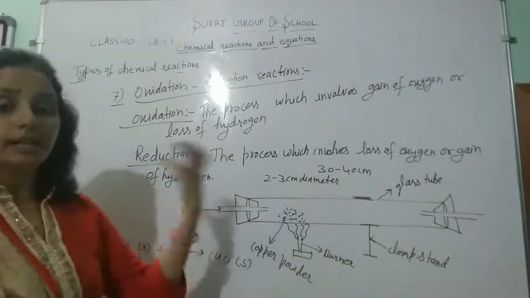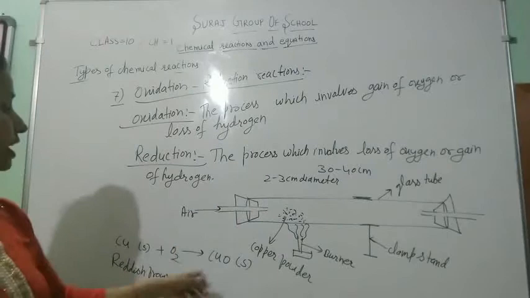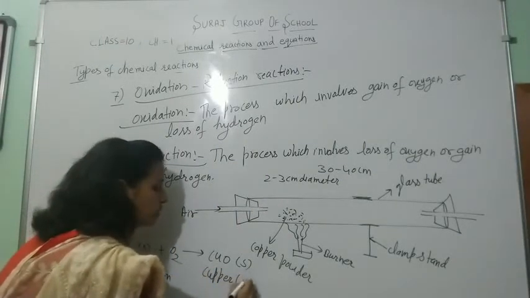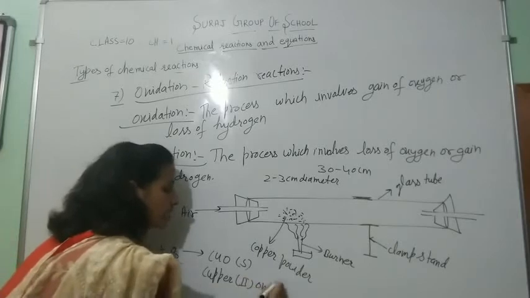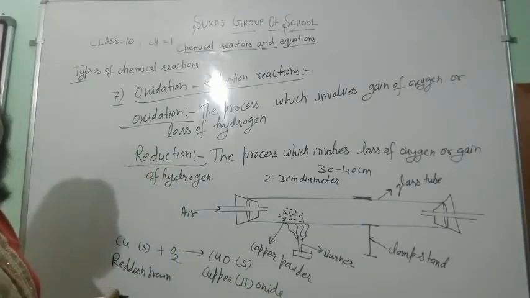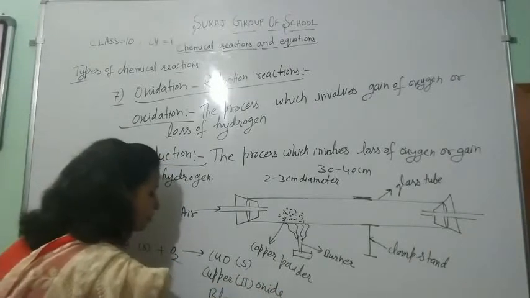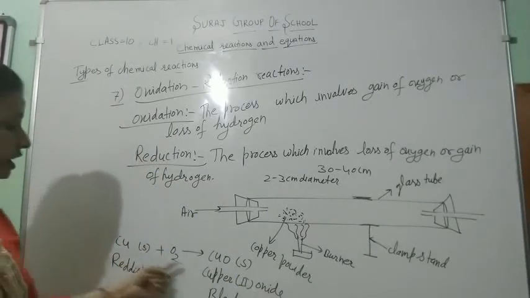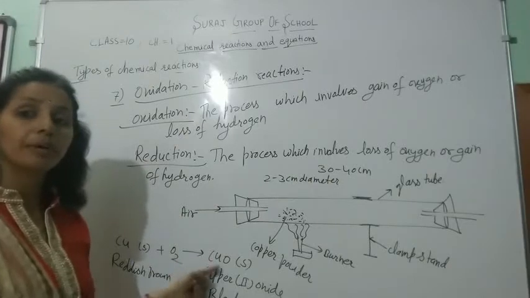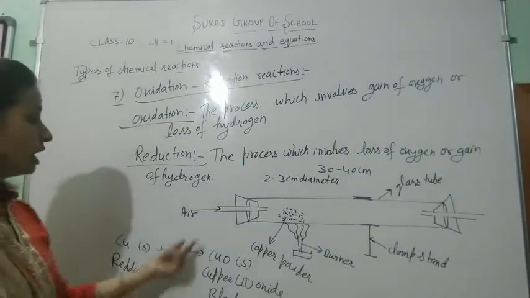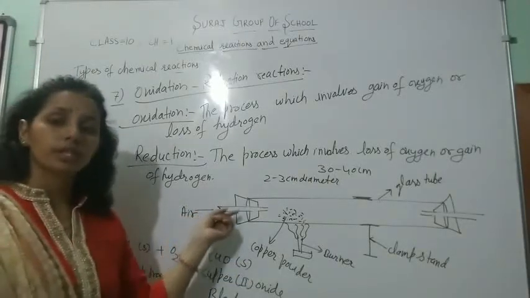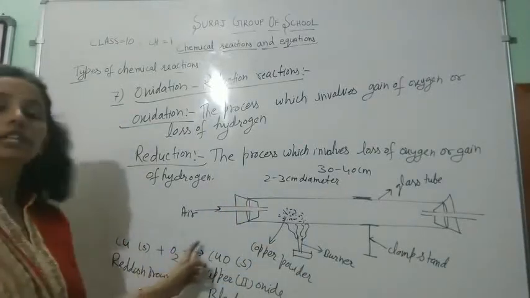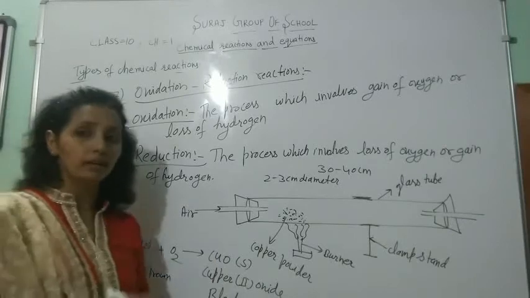When heated, it converts into copper(II) oxide, whose color is black. The reddish brown copper is converted into black copper oxide due to the reaction with oxygen on heating.